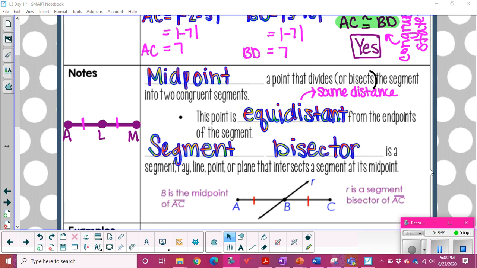B here is the midpoint of segment AC, and I know that because I have these matching congruent marks, meaning that AB and BC are the same. So B is equidistant to point A and point C. There's a line going through point B, line R. Because line R is going through the midpoint, line R is a segment bisector of segment AC. It's bisecting the segment, cutting it in half through its midpoint. Let's look at some examples.